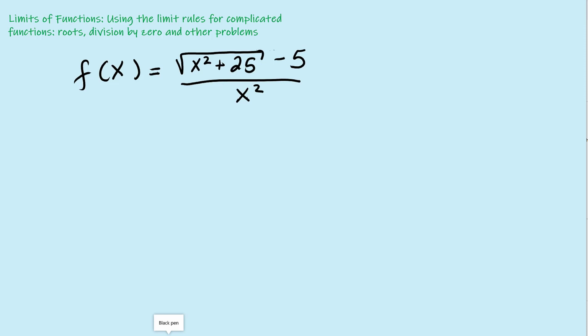Well, if we want to look at the limit as x goes to 0, first of all, we have a problem with the square root, which we'll get over by using our rules of limits. But mainly, we have a problem that we're dividing by 0. And division by 0 is, of course, illegal.